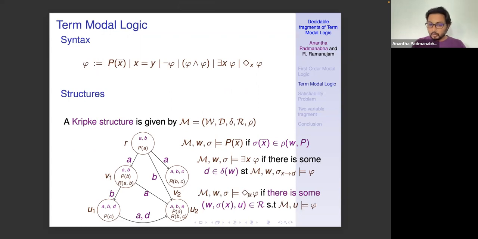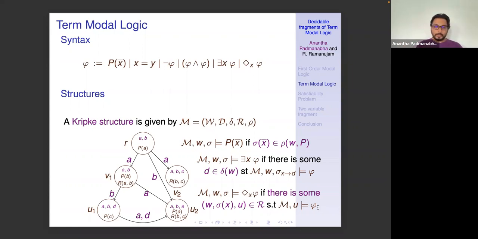And for diamond x, because the accessibility relation is labeled over the local agent set, you look at the interpretation of x. If there is a corresponding edge, an accessibility relation labeled by that particular value, then the formula is true, right? So this is a natural way to define the semantics.